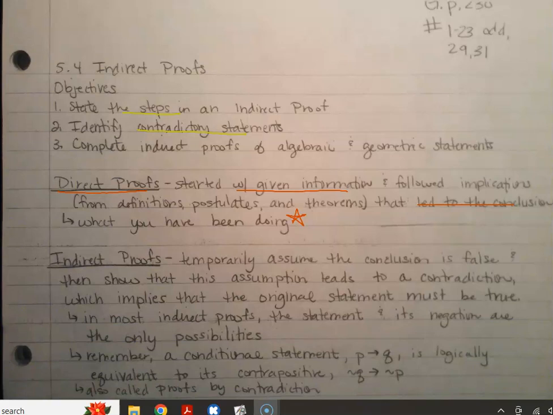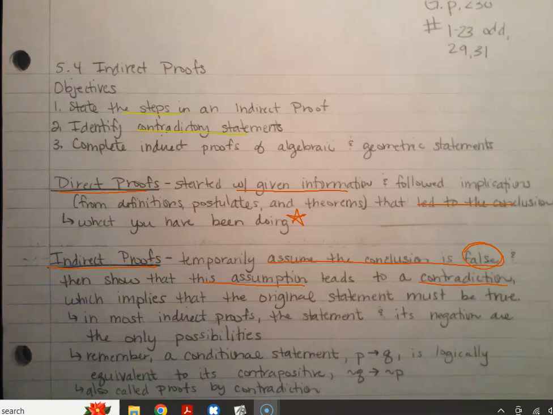We're moving into this idea of indirect proofs today. We're going to temporarily assume the conclusion is false. So what they're telling us is the conclusion is wrong. Then we're going to show that this assumption, that falseness, leads to a contradiction.